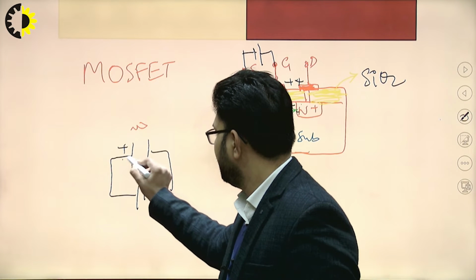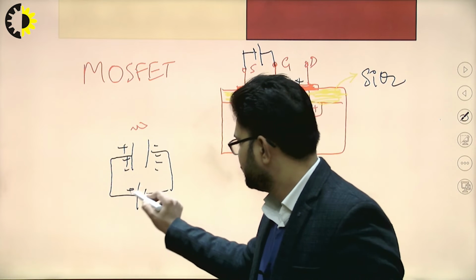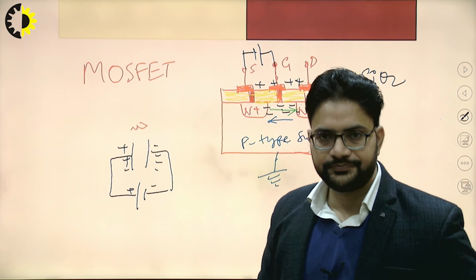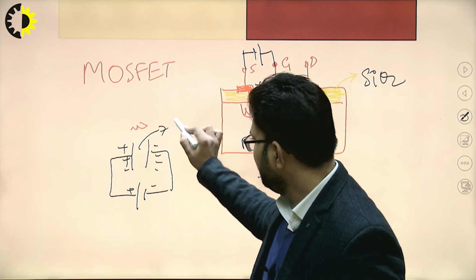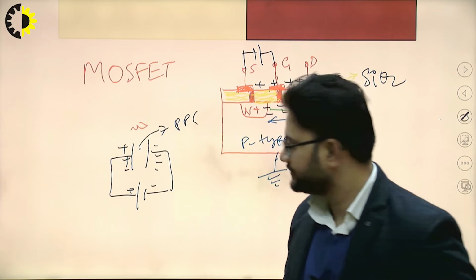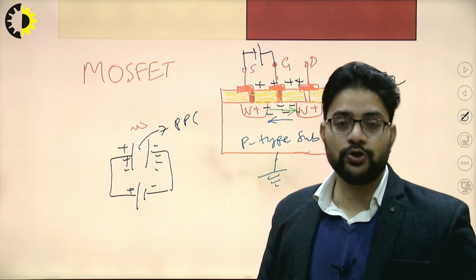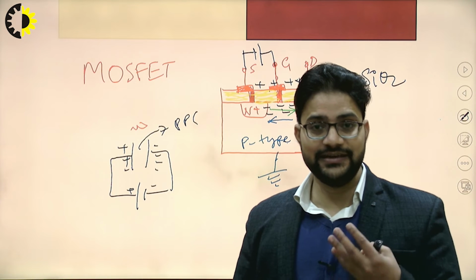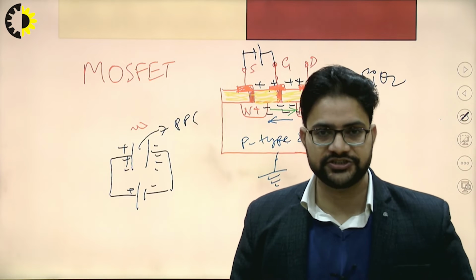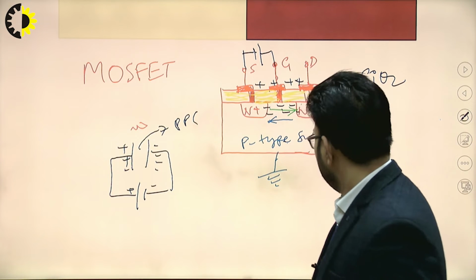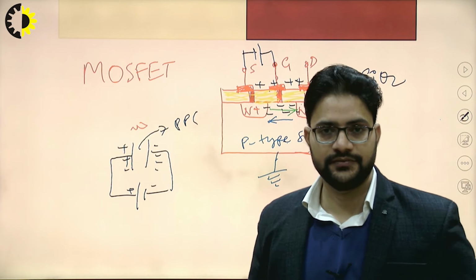This will be a parallel plate capacitor. So this MOSFET is also called a MOS capacitor because a capacitor is formed when we apply the gate to source voltage.